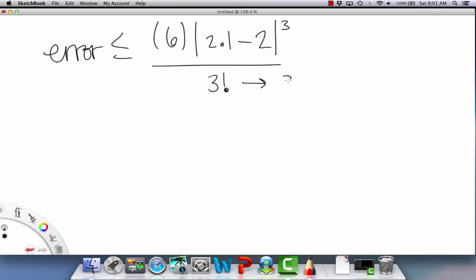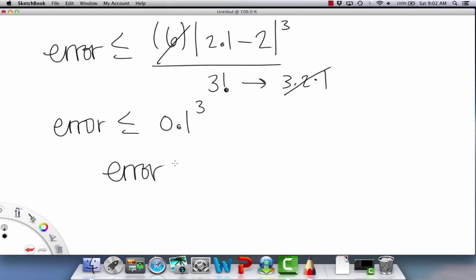And this is equivalent to 3 times 2 times 1, which, as you can see, cancels out with the 6 on the top. Okay, so we get that our error is less than or equal to 0.1 to the third. So, finally, our error is less than or equal to 0.001.